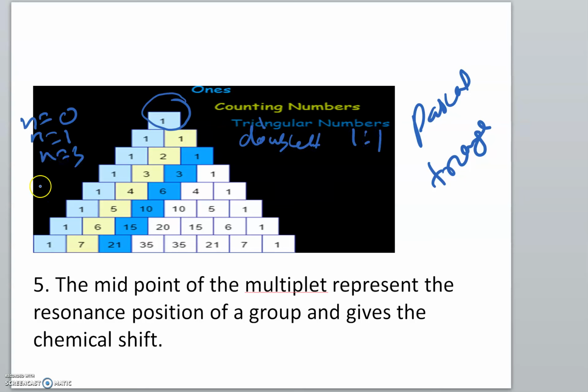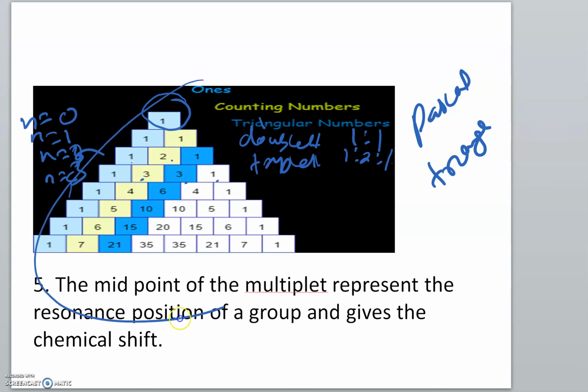If n is equal to 2, we get 3 lines, that is, we get a triplet with intensity 1:2:1, like that. Sorry, if n is equal to 2, 1:2:1. If n is equal to 3, we get 4 lines, 1:3:3:1. Like that, using this Pascal triangle, we can predict the line intensities.